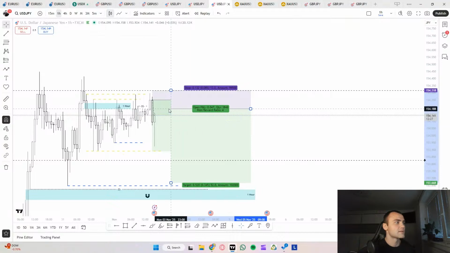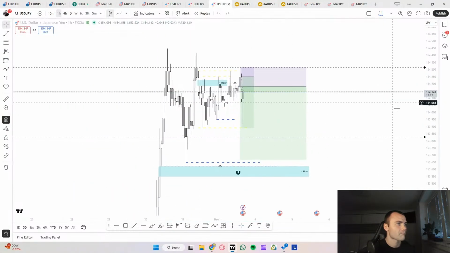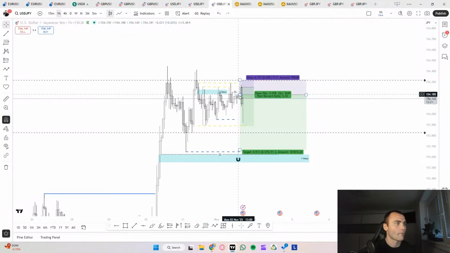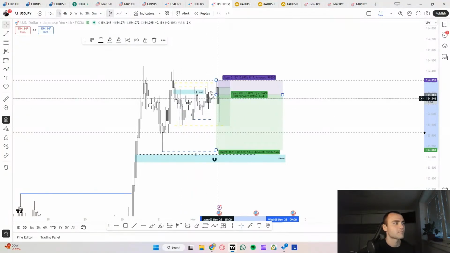But this is basically a trade that is very likely to happen because we are in alignment right now. So liquidity above, we close below, we target the liquidity here, but I'll go for this one.